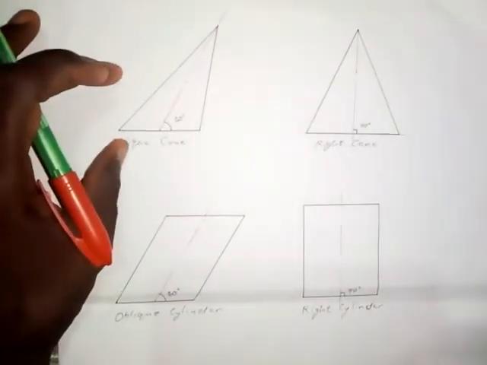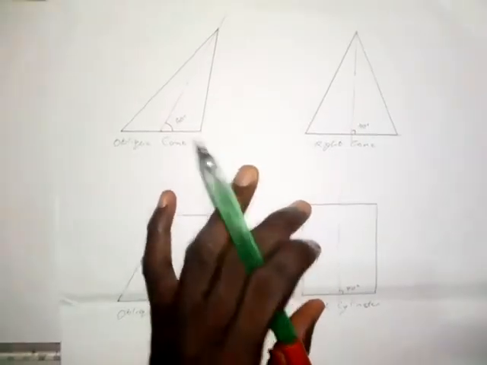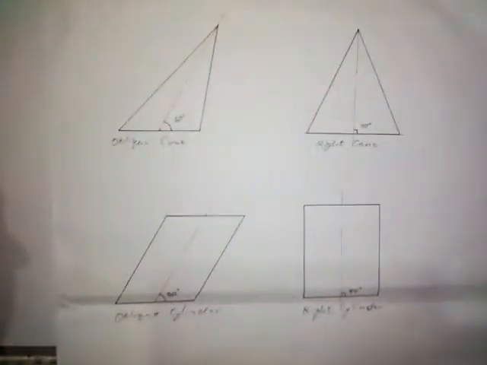So this is an oblique cone, this is an oblique cylinder, this is a right cylinder, and this is a right cone. What I want to show you here is how you can construct the surface development of an oblique cylinder. And later we also talk about the surface development of an oblique cone. So let's look at the cylinder first.